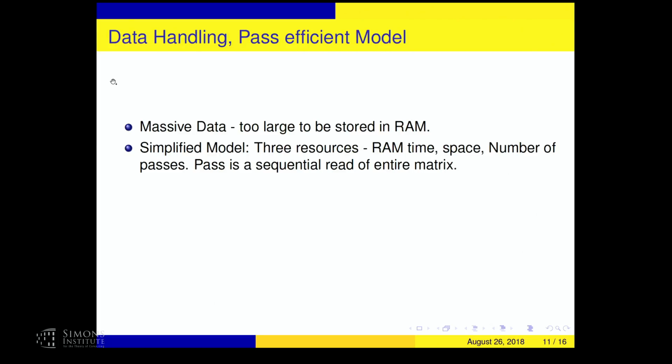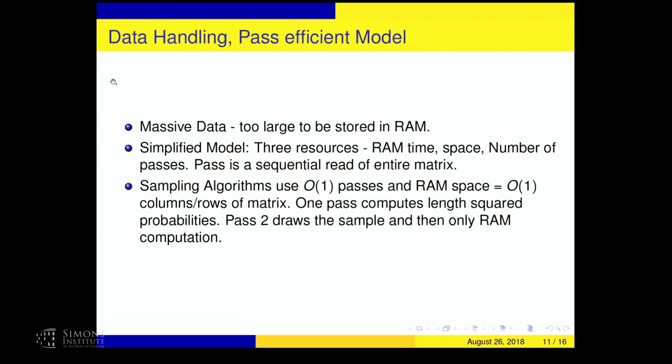A pass, we assume, is the only way to access the matrix from external memory, and you have to sequentially read the whole thing. This, of course, is a simplification. Most of these algorithms do only 2 passes, and the RAM space they use is only to store a small number of columns or rows.